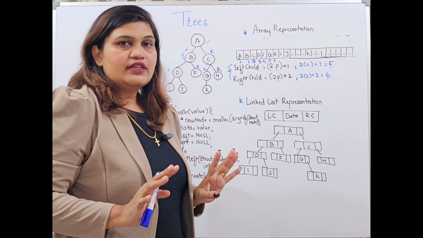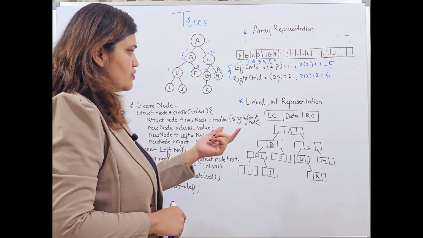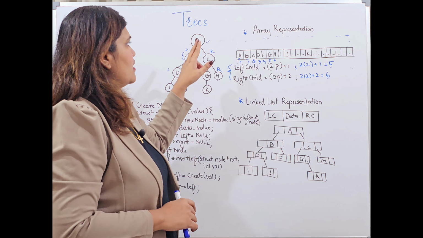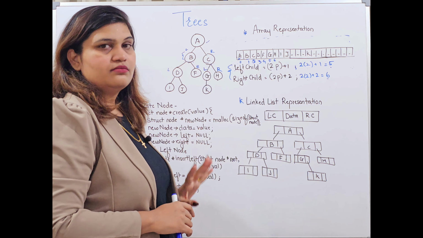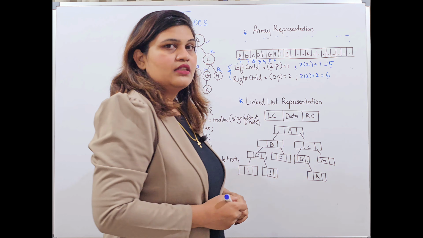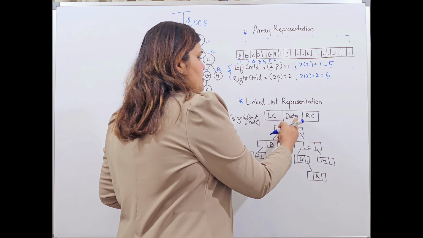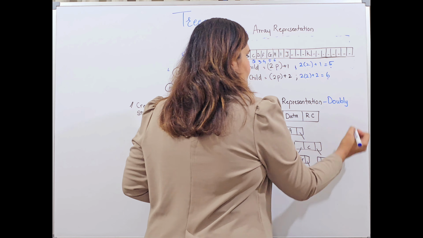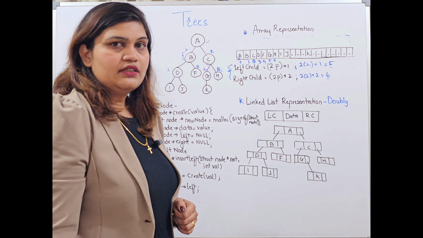Now the second way of representation of trees is by using linked list representation. So linked list, we have already seen the structure of linked list. We have nodes, right? Now in this particular tree structure, we can see that one node has two children, right? So here also, when we are trying to use linked list, the type of linked list that we are going to use is doubly linked list.